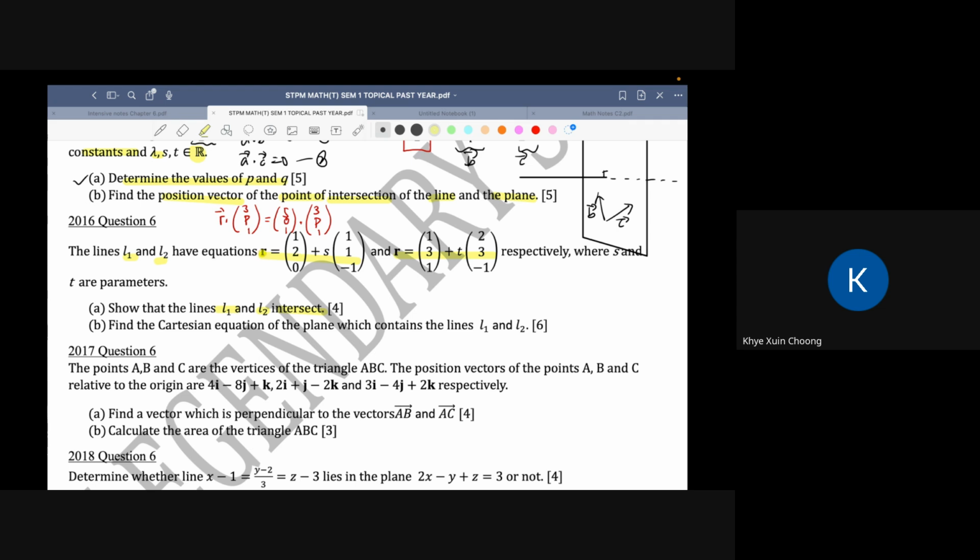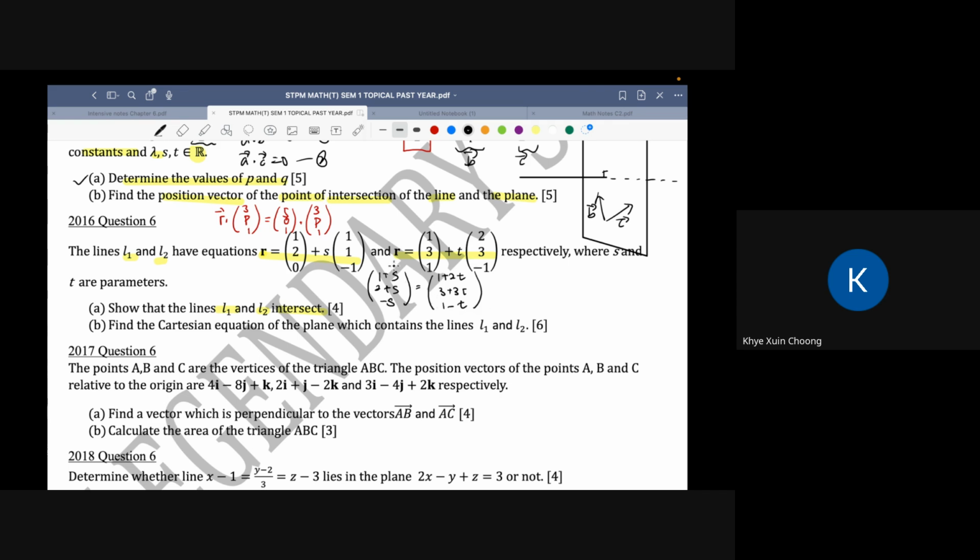You equate both equations. So when you equate both equations, what you will get is 1 plus S, 2 plus S, minus S equals to 1 plus 2t, 3 plus 3t, 1 minus t.